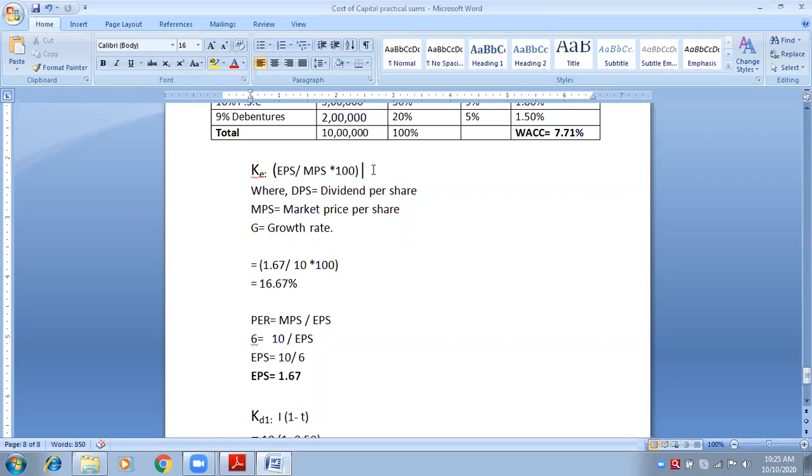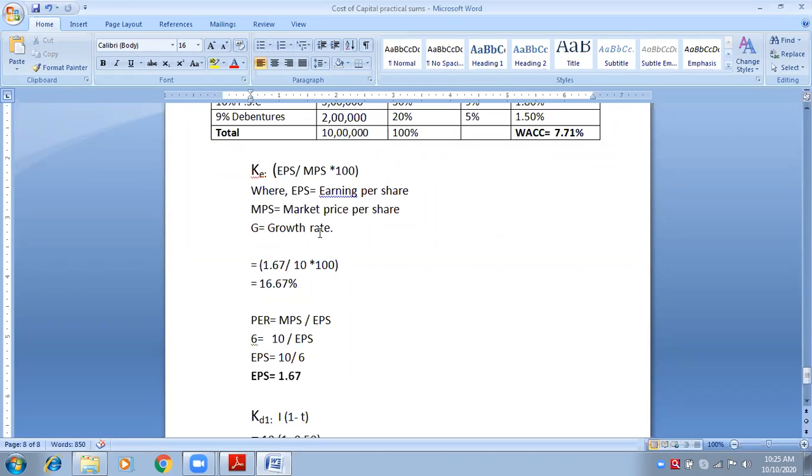So here it will be EPS upon MPS into 100 plus G. Now, is G given in the question? No. Therefore, if we don't write G, it is okay.